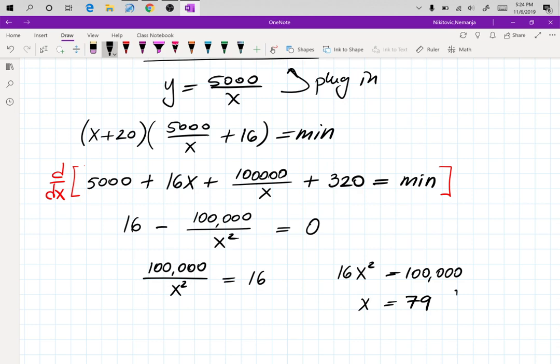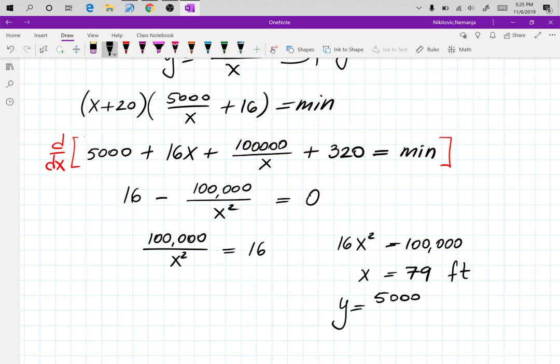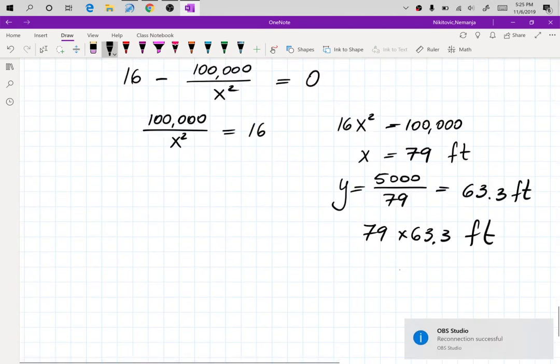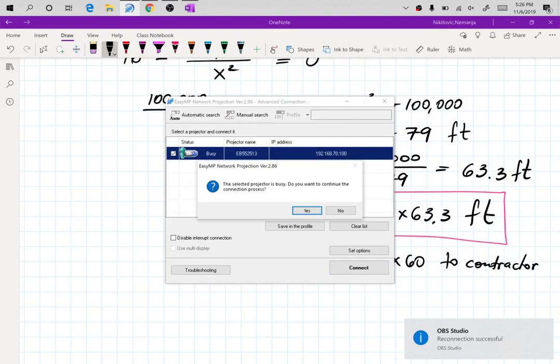So 79 feet for X. Now you do have the equation for Y. Y is equal to 5,000 divided by 79. So 5,000 divided by 79.